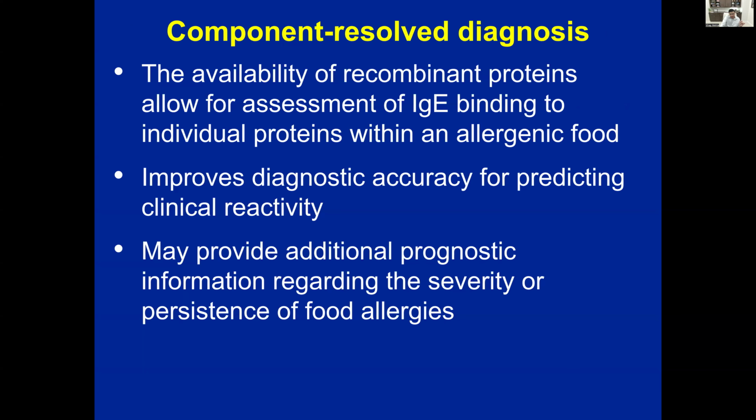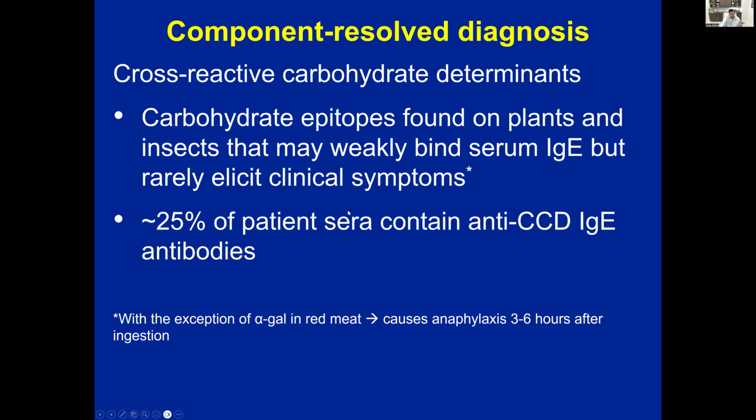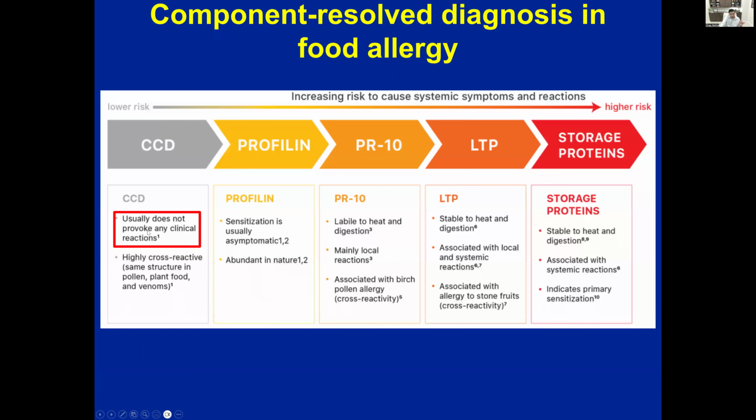But if the IgE is directed against the carbohydrate portion, that is of no clinical relevance, so you can ignore it. This will not cause clinical reactions at all, with the exception of one. The exception is alpha-gal, which is a different story. But generally, IgE against CCD will not cause any issues, so you can ignore it.